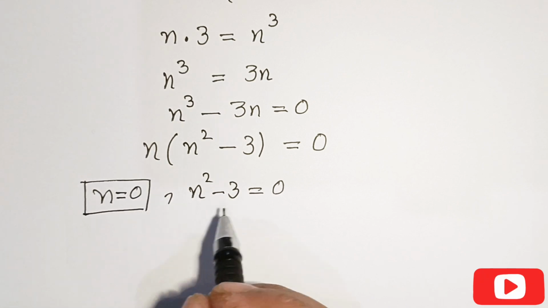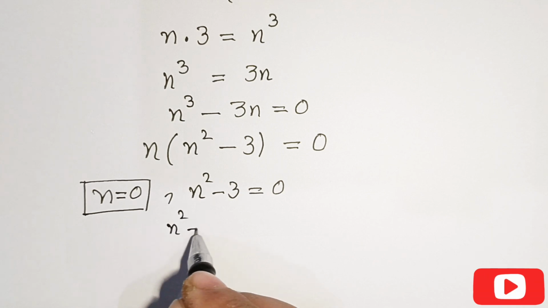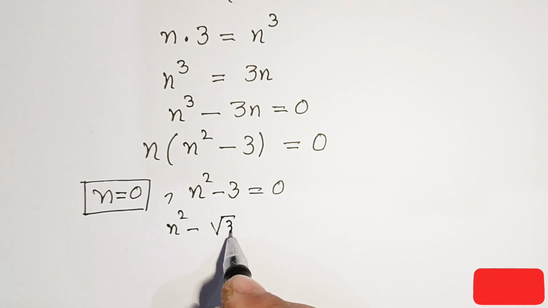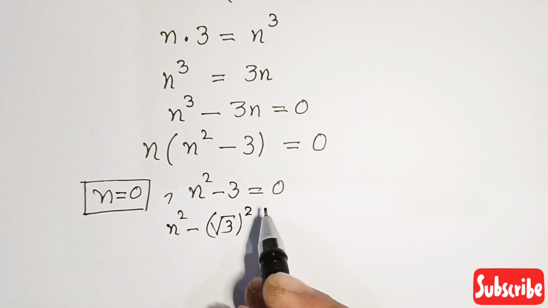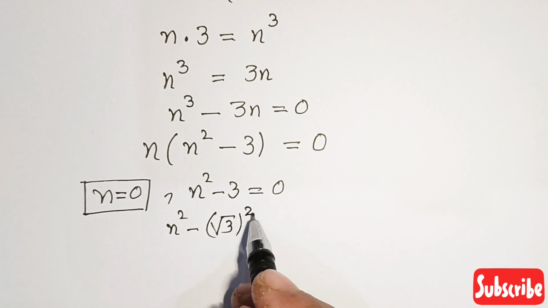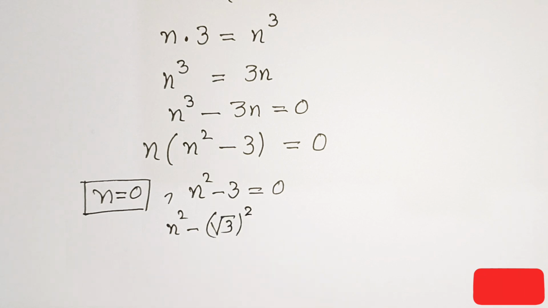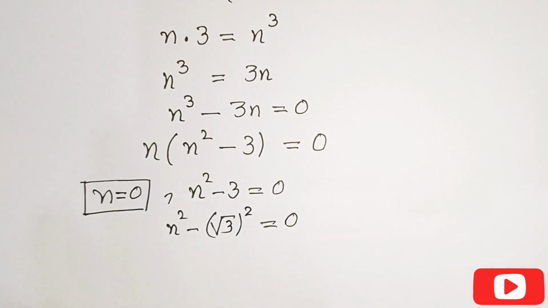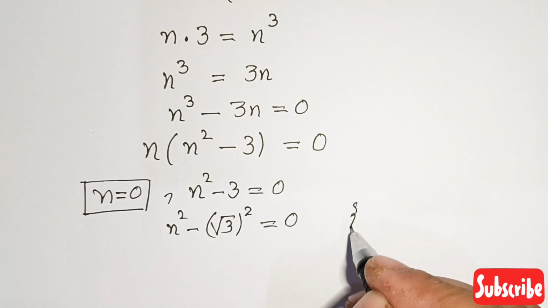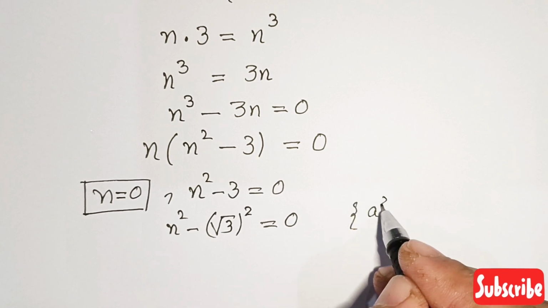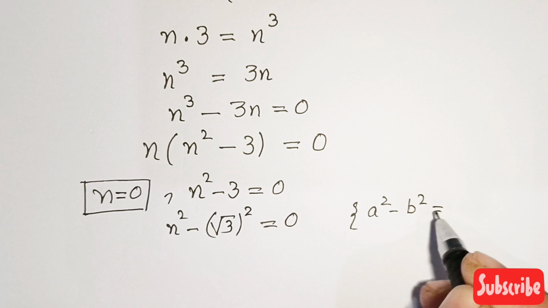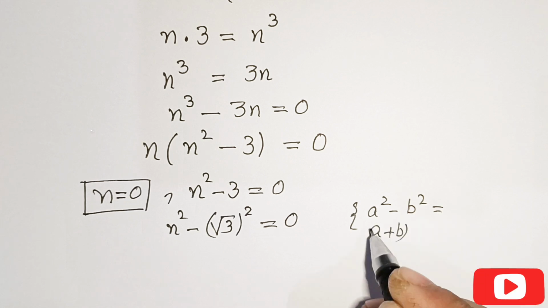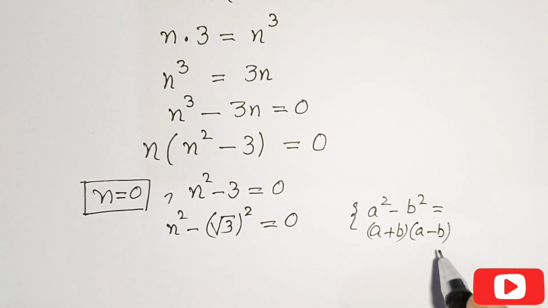Here n squared minus 3 can also be written as n squared minus square root of 3 whole squared, since square root of 3 whole squared is 3, and it is equal to 0. According to the algebraic formula, a squared minus b squared is equal to a plus b times a minus b.